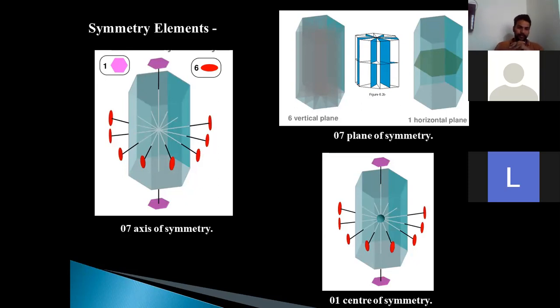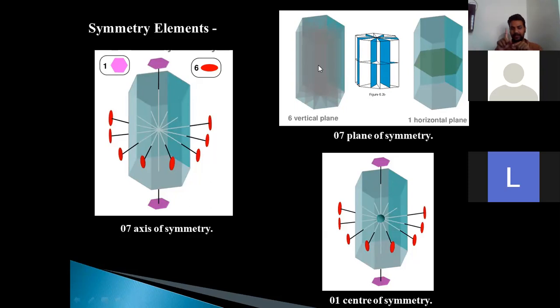Now you have to see in the 7 axes of symmetry, there are 6 axes of one nature and 1 axis of different nature. Okay, so the one axis which is vertical is of six-fold symmetry, and the remaining 6 axes which are along the horizontal plane are of two-fold symmetry.